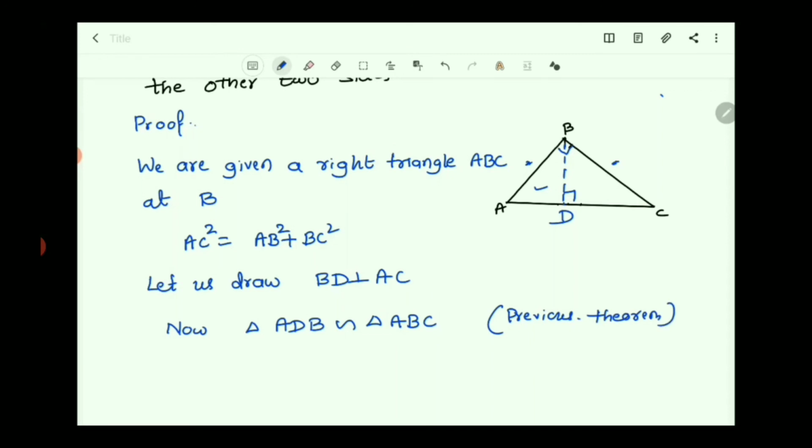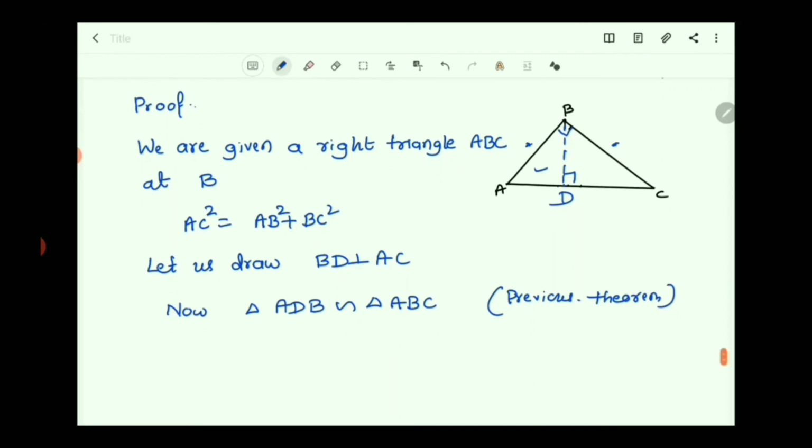By the previous theorem, triangle ADB is similar to triangle ABC, which means their corresponding sides are in proportion. The ratios of the corresponding sides are equal.